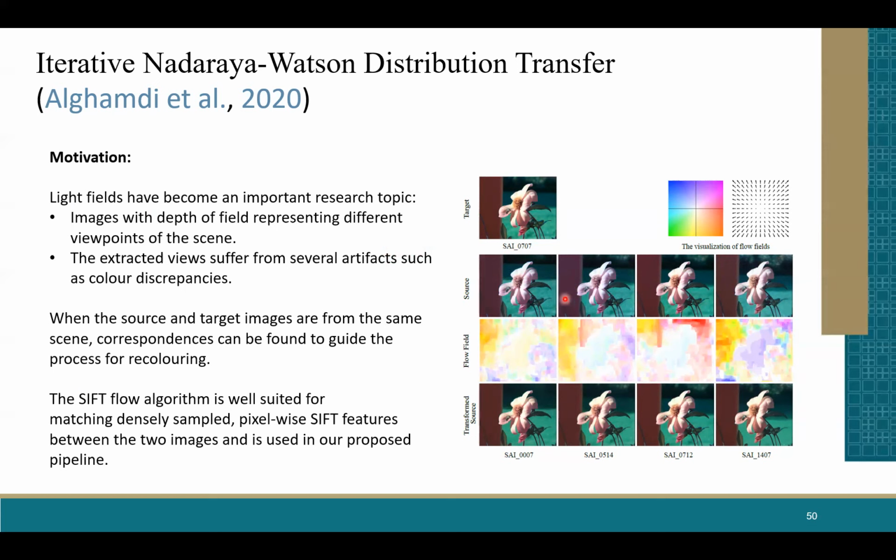same scene. However, these extracted views suffer from several artifacts such as color discrepancies. So we need to use a color transfer method to correct the color. When the source and the target images are from the same scene, correspondences, of course, can be found and used to guide the process of recoloring.